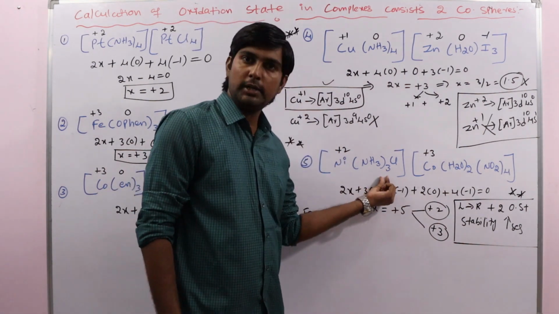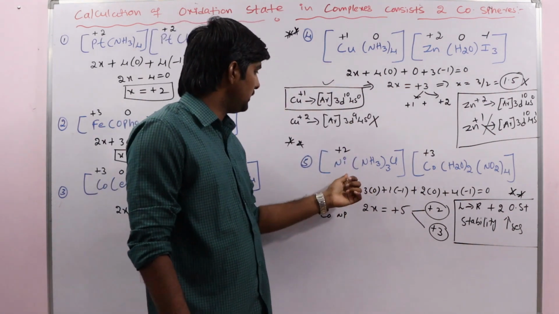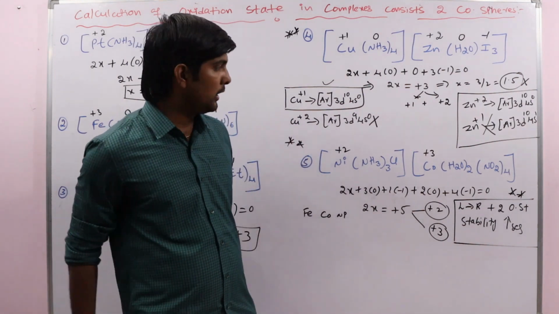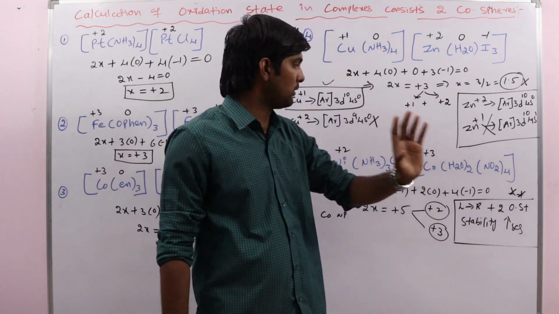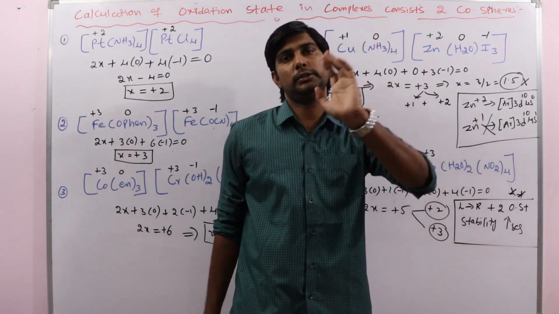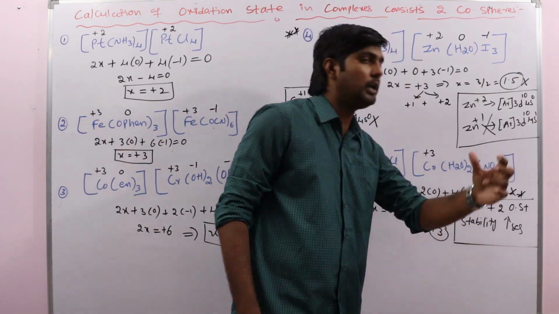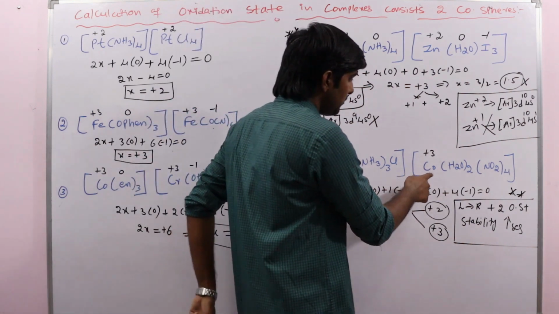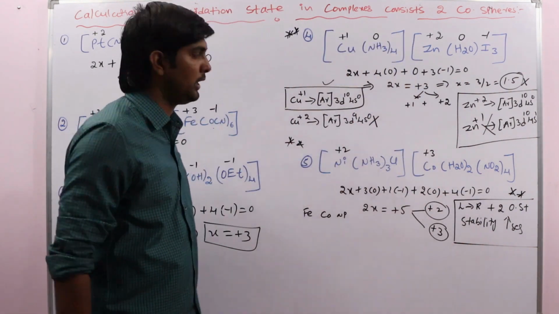Once again I am repeating, if the coordination number is 4, then the metal will never get +3 oxidation state. So +3 oxidation state is possible only with coordination number 6. Because of that reason also, here cobalt coordination number is 6, so it will get the +3 oxidation state.